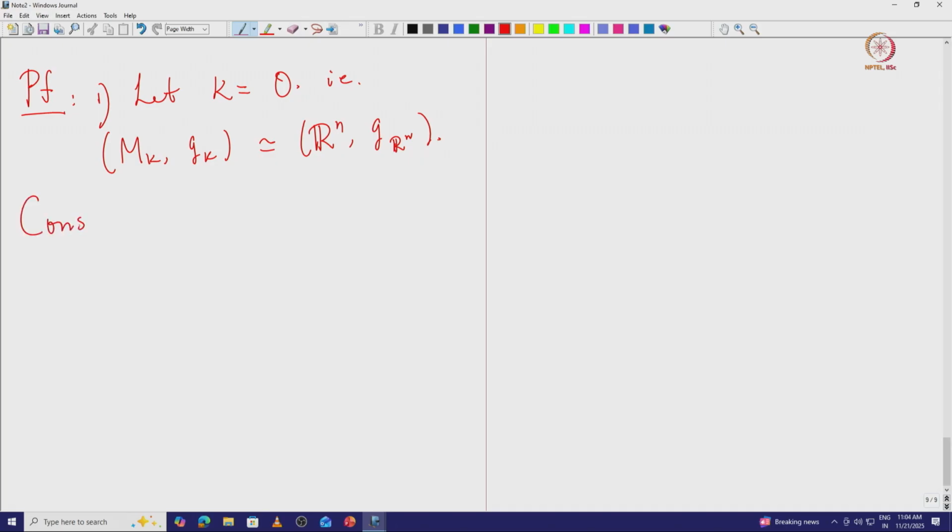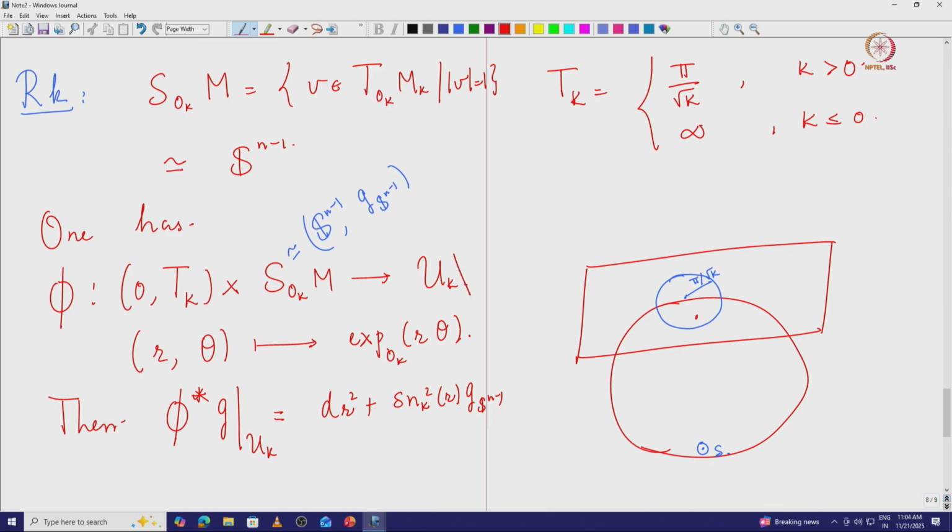So as before, we consider the following map phi. This is the polar coordinate map, which is smooth everywhere except, maybe even in the previous slide I should have said that this is a diffeo everywhere except at the point.